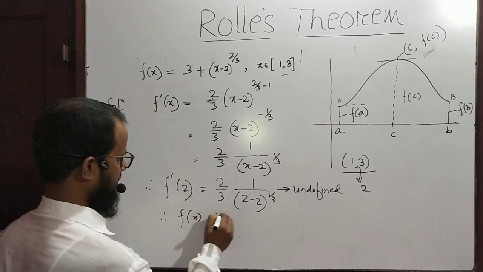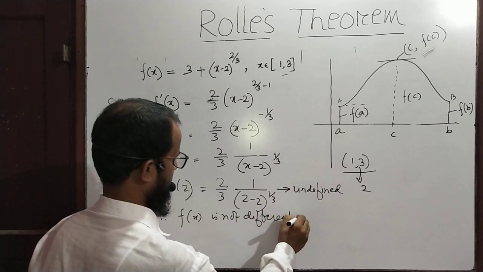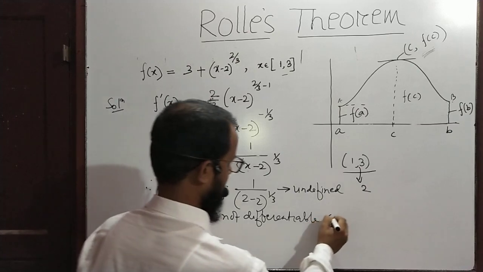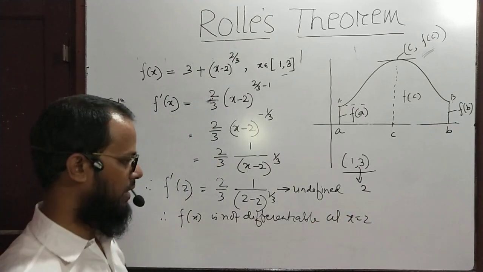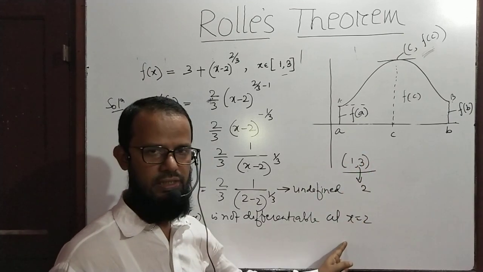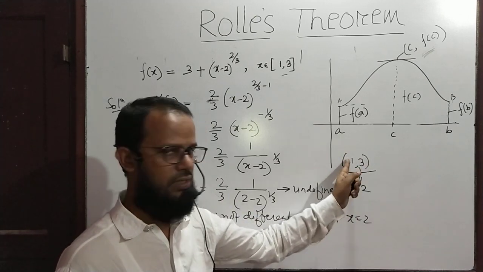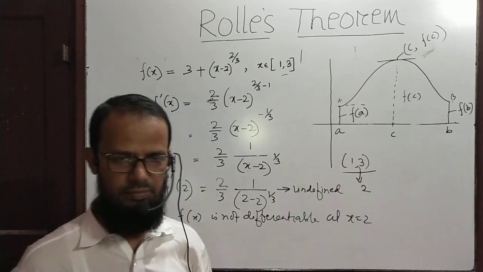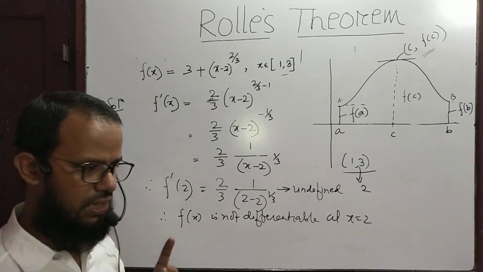So f(x) is not differentiable at x equal to 2. Since at a particular point within this interval the function is not differentiable, you can say it is not differentiable throughout this interval. That means one condition of Rolle's theorem is not satisfied.